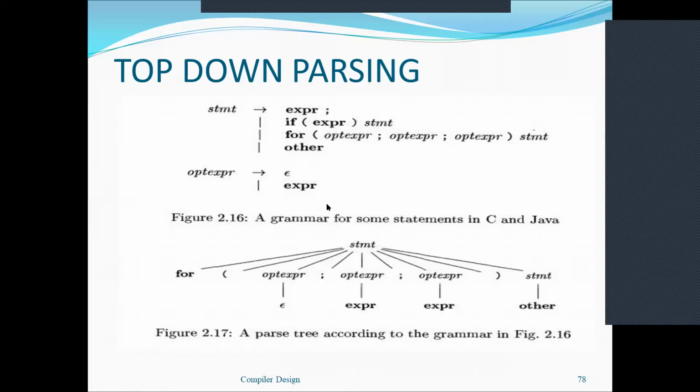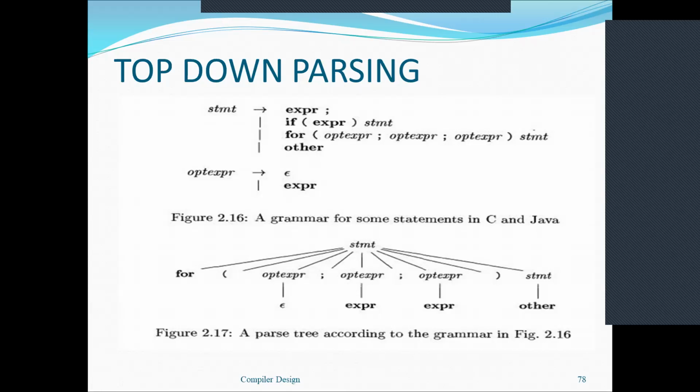One of the children of the statement is, if I take the for one, the longest one, the first is for, then the left parenthesis, then opt expression, then semicolon, then another opt expression, then semicolon, then opt expression, then the closing parenthesis, and then you have the statement. This is the parse tree that has been written.